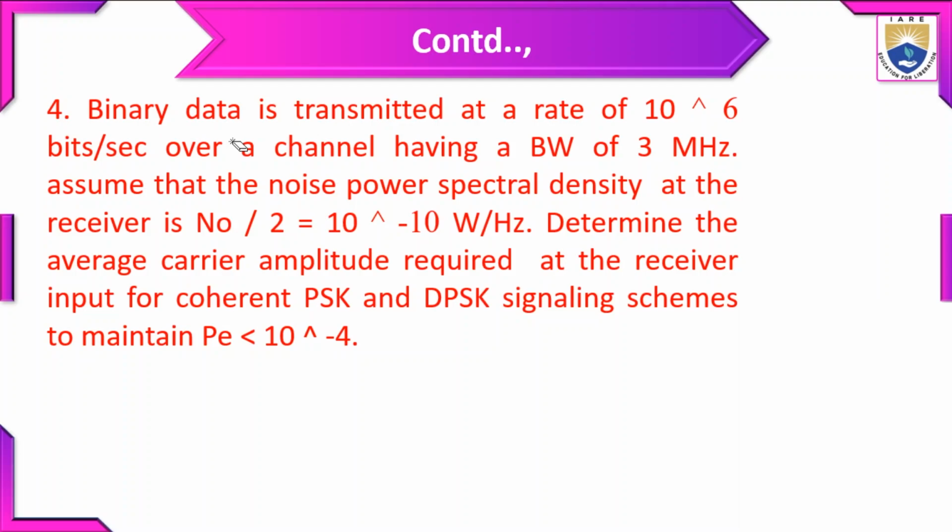So when you consider all these problems related to probability of error, these are the main problems covered in ASK, PSK, FSK. They are linked with the probability of errors. So here in this fourth problem, the probability of error is equal to 1 by 2 ERFC square root of EB by N naught.